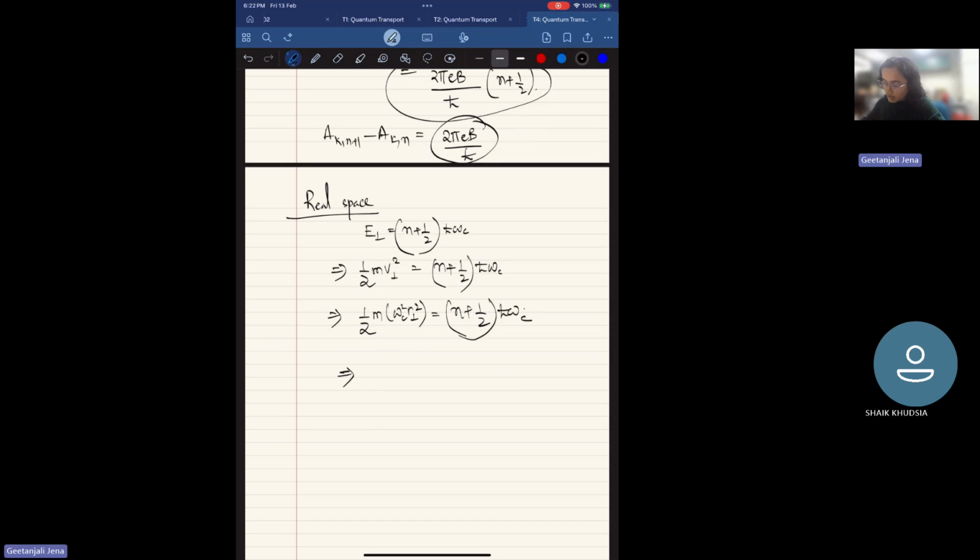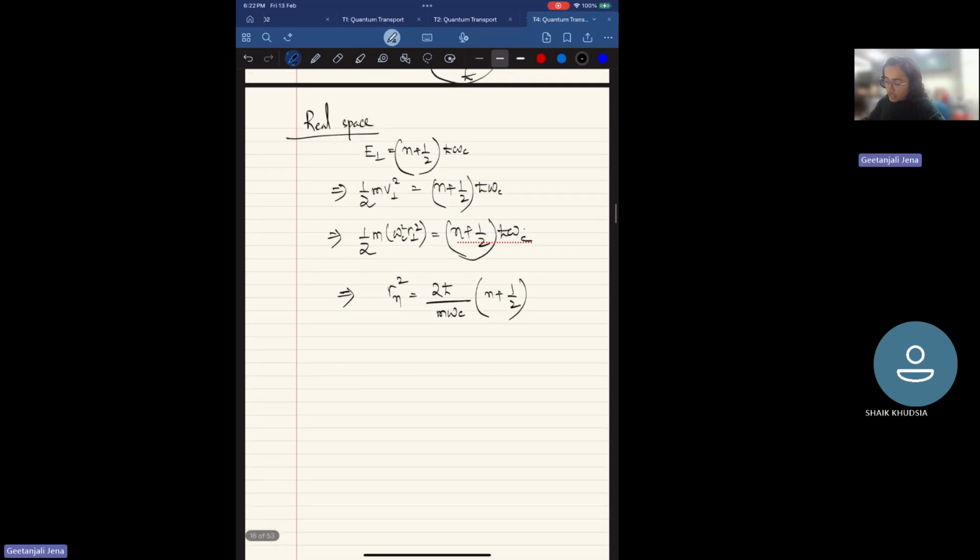So that means the radius of the nth orbital in real space will be the square root of 2 h cut by m omega c, n plus half. So from this, we can easily find out what will be the area.